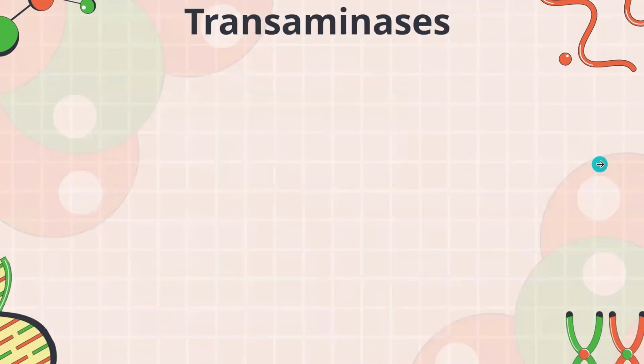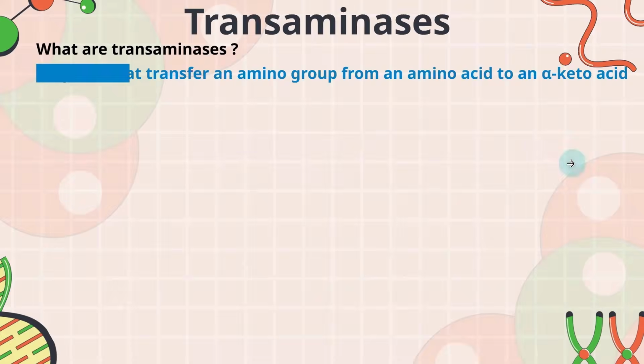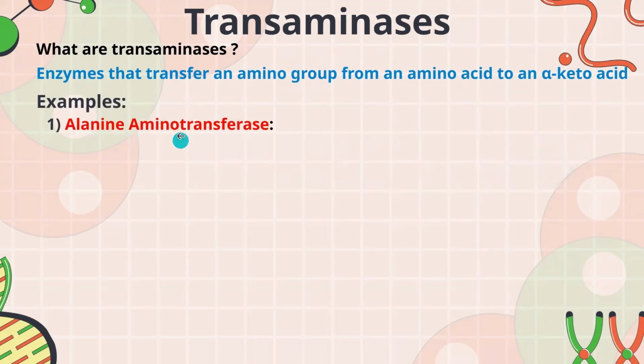Let's continue and talk more specifically about transaminases, which we just discussed as the first step. What are transaminases? Transaminases are enzymes that transfer an amino group from an amino acid to an alpha keto acid, also called your alpha ketoglutarate. Examples of transaminases are alanine aminotransferase, which you have probably heard about in the lectures on clinical enzymology in the pre-midterm, and we're going to talk about them in more detail.